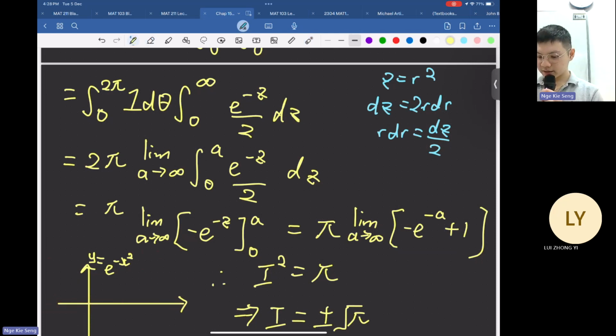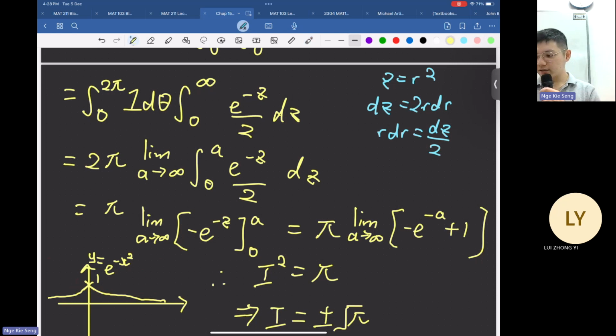The picture, I think, is something like this. The two sides should be the same. This is an even function, both decreasing. The intersection here is e to the 0, which is 1. And then how to see this decreasing?